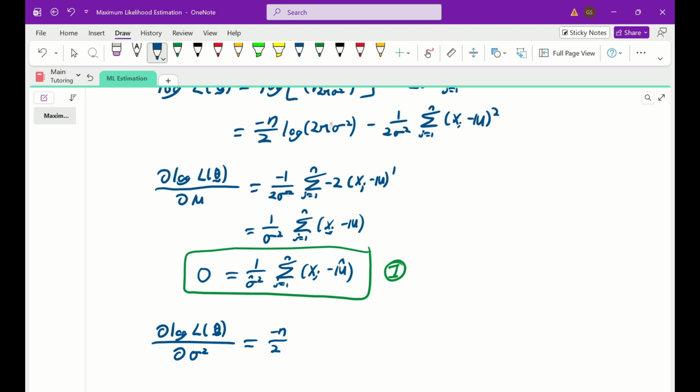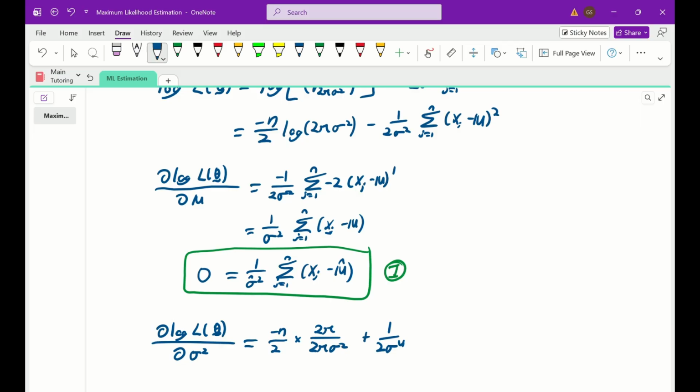And then here we're going to have 2 pi on the top, because the sigma squared disappears, over the original, so 2 pi sigma squared. Okay. Then over here, again, the derivative with respect to sigma squared, that's going to be plus 1 on 2 sigma to the 4, I think.